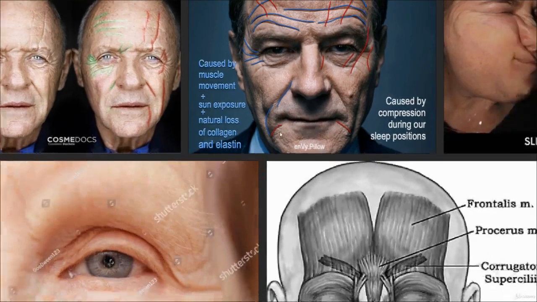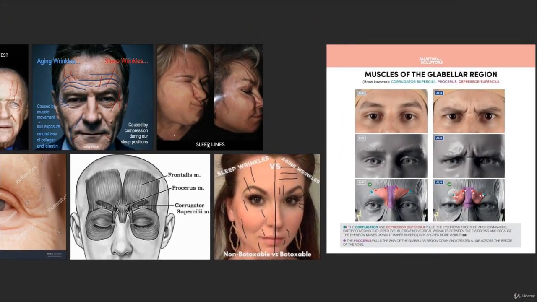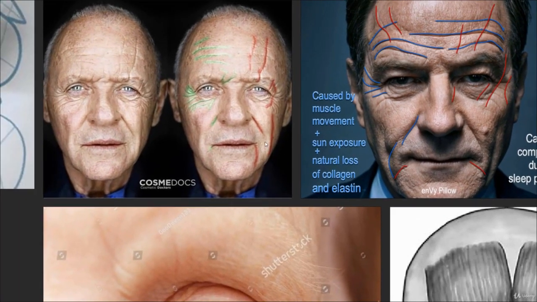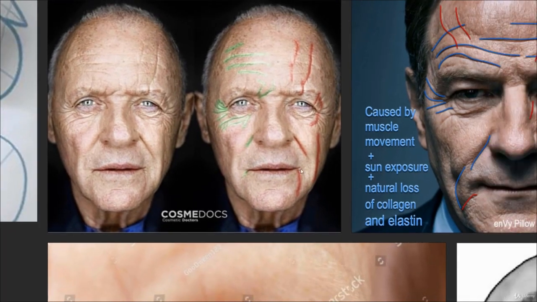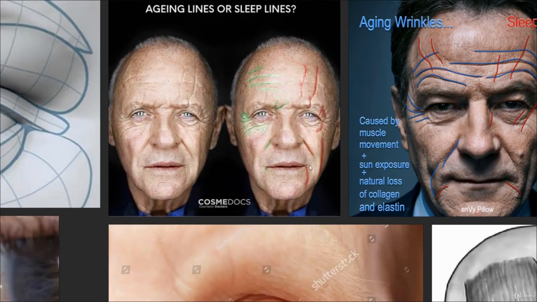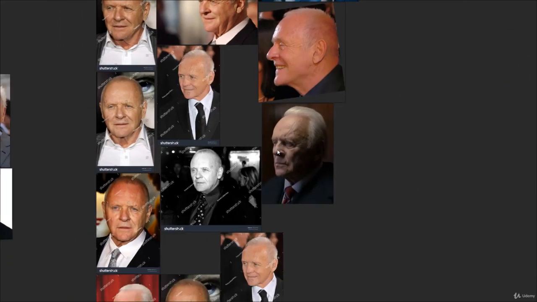And I think it depends on how old the person is, maybe they lost a little bit of this volume. So as you can see for our Anthony, he doesn't have this region so pronounced, but let's analyze in another reference.